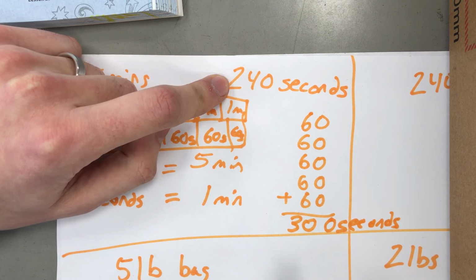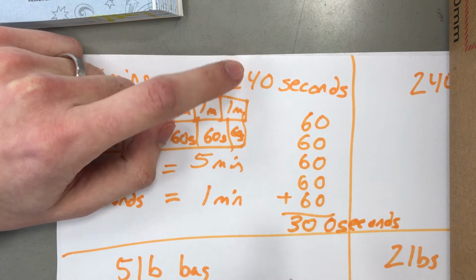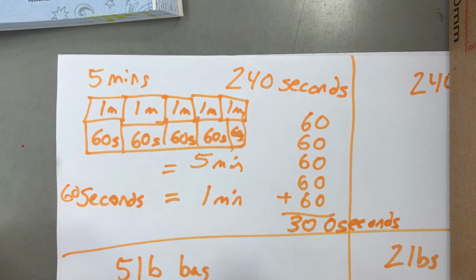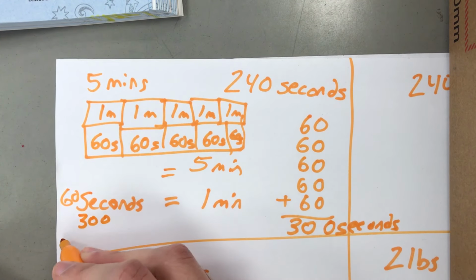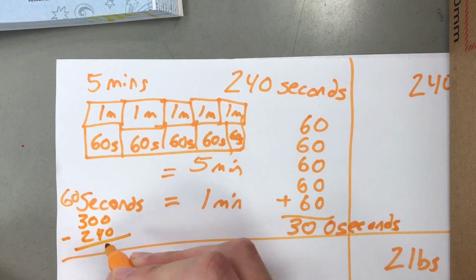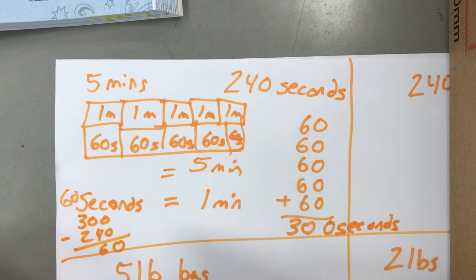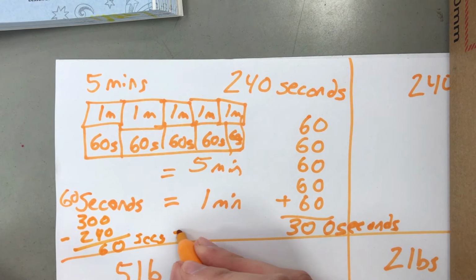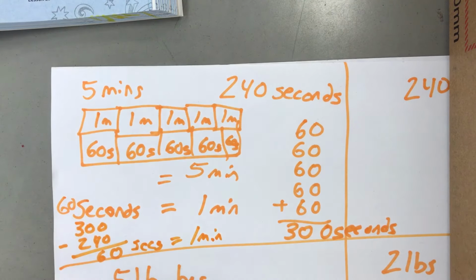No. You're going to miss how much of that? Well, 300 minus 240 is going to be 60 seconds, which is equal to 1 minute. So you're going to miss 1 minute of whatever you're waiting on. So is that worth it? I don't know. You might want to break it up into parts there.